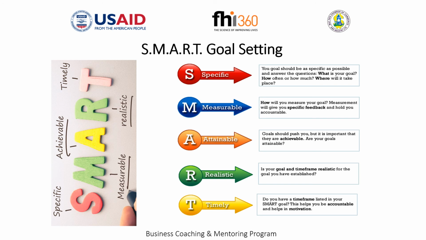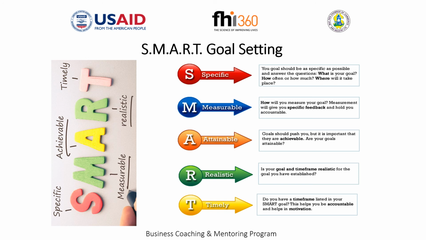So what does that mean? To make that goal specific, you will say, I want to generate $500,000 profit by the end of 2021. That's an example of a very specific goal.